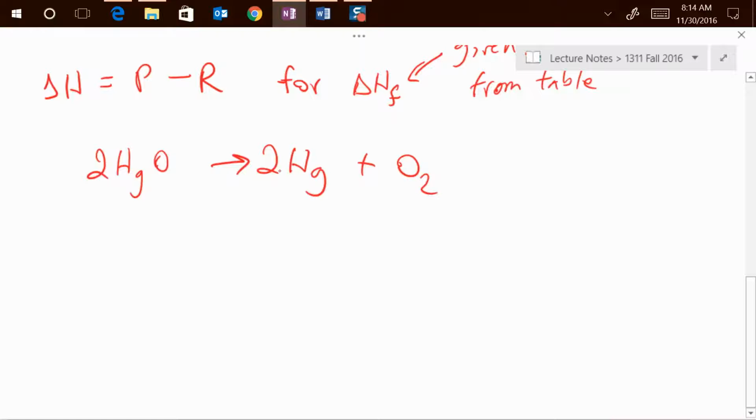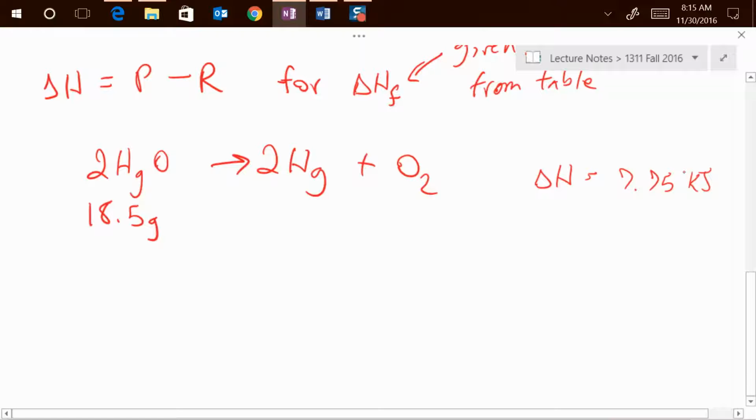And they told me that when 18.5 grams of mercury oxide decomposes, it has a delta H equal to 7.75 kilojoules. The energy absorbed.